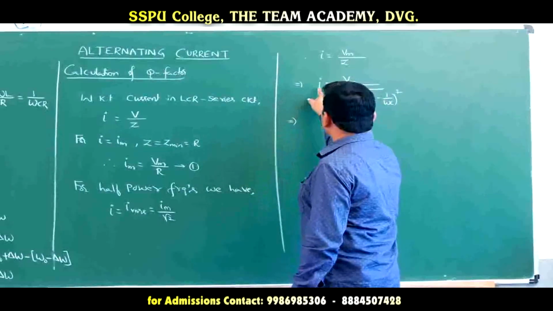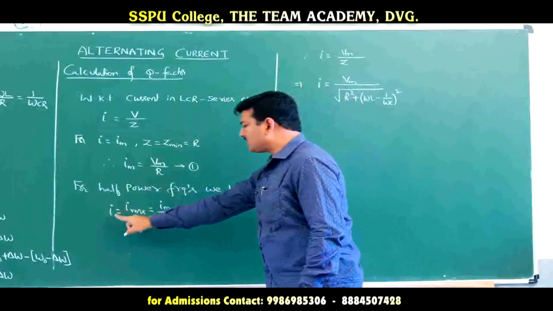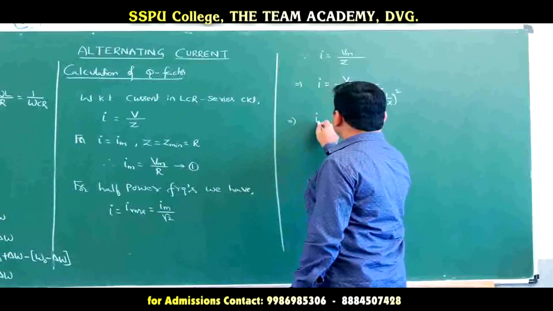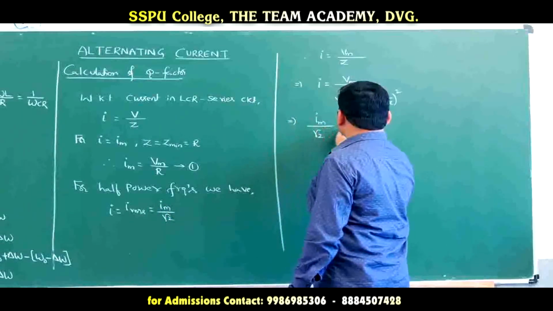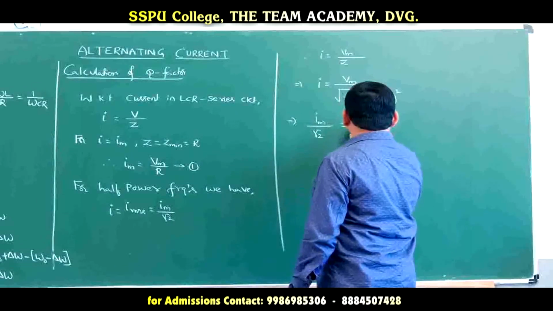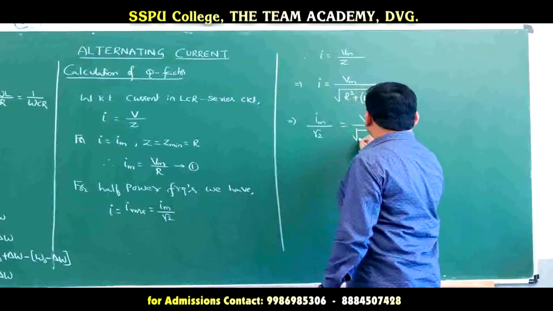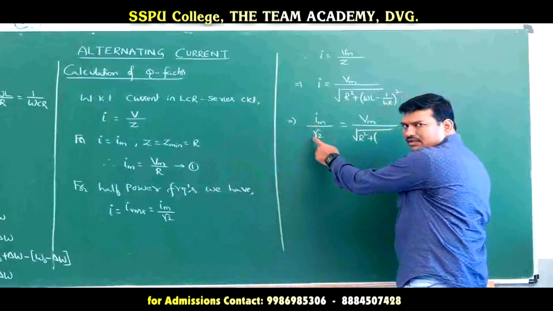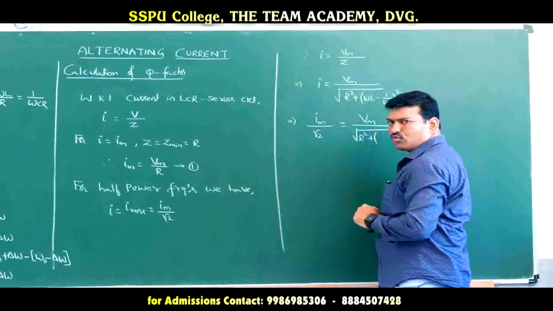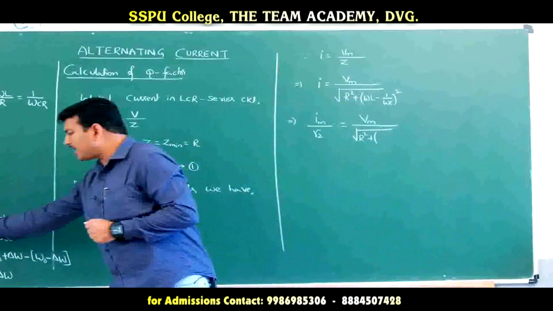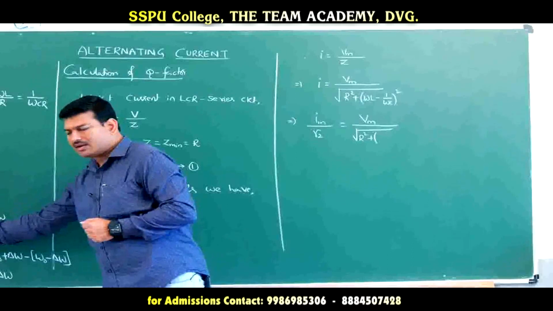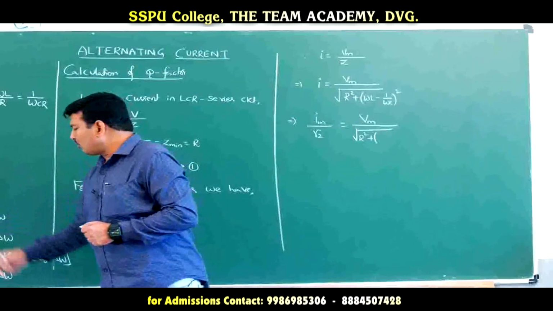Now what is this I here I have to take? You choose I is equal to IRMS, then that is equal to Im by root 2. So Im divided by root 2 is equal to Vm divided by square root of R square plus. So this is the current we are having for omega is equal to what? For omega is equal to omega 1, otherwise omega 2. Either you can choose omega is equal to omega 1 or you can choose omega 2. I will go with omega 2 case.